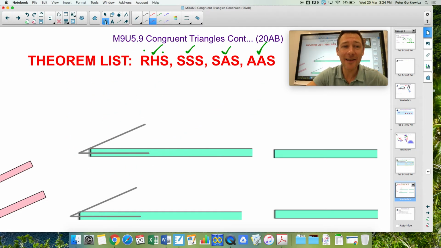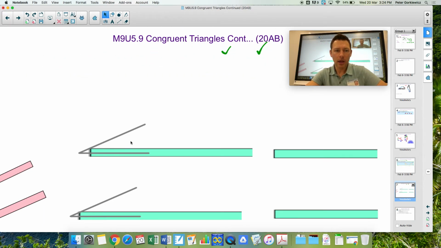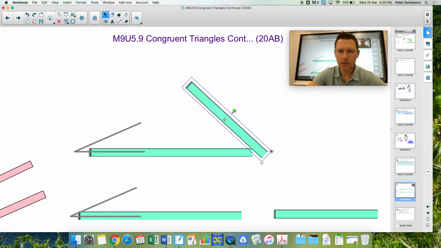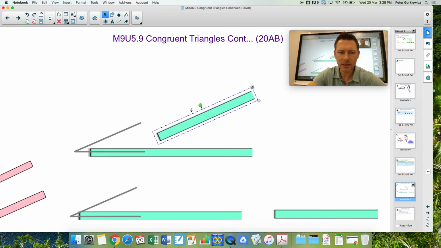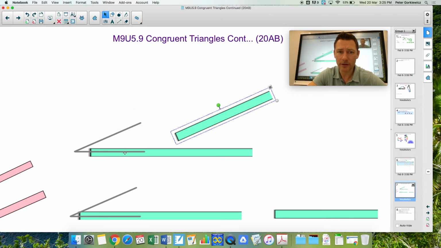So let's see. An angle, side, side would work if I had an angle that was equivalent and two sides, right? And I want to see if this will function well. So I'm going to take this, and this has to be angle, side, side in that order. If we did it this way, if we put this here, we'd have side, angle, side, and we know that one works.